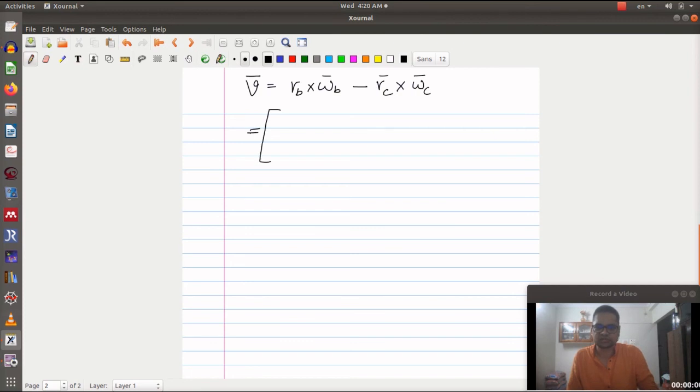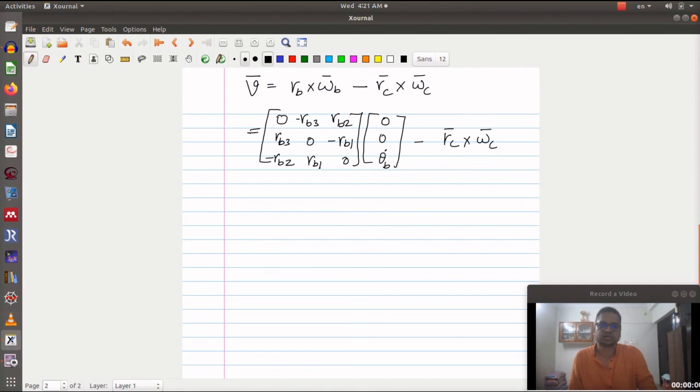Now if we write it in skew symmetric matrix form, 0, minus RB3, RB2; RB3, 0, minus RB1; minus RB2, RB1, 0, multiplied by your 0, 0, theta B dot, minus the same thing, we can write this in skew symmetric matrix form.